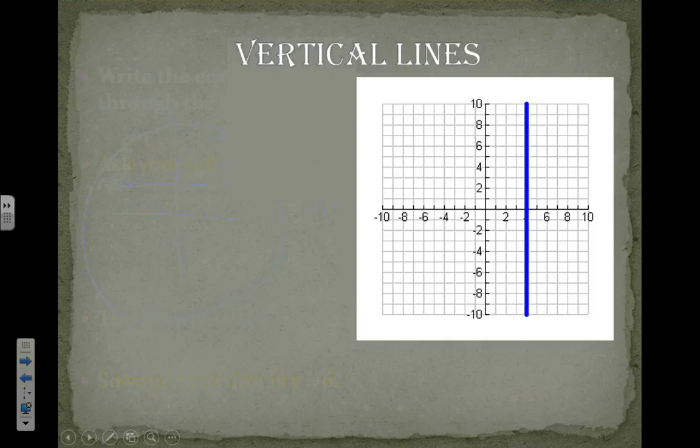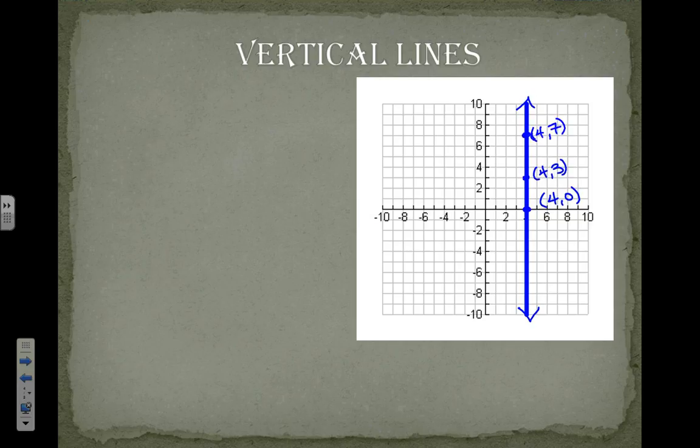For vertical lines, and again let's put arrows at the end of this because these do continue on to infinity in both directions, you'll notice that if I'm pulling points on the vertical line, I've got the point (4, 0) there. Here I've got the point (4, 3), then (4, 7).